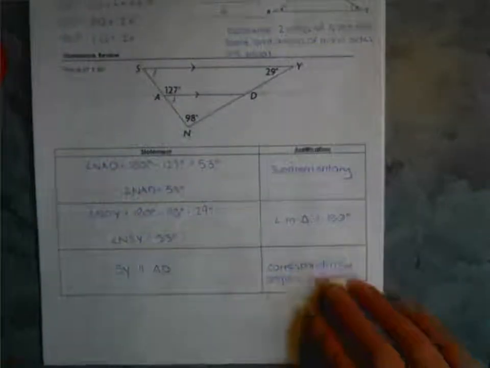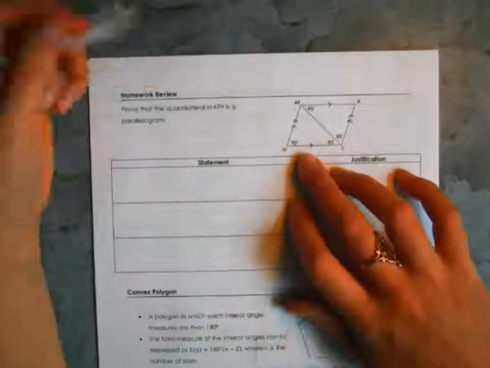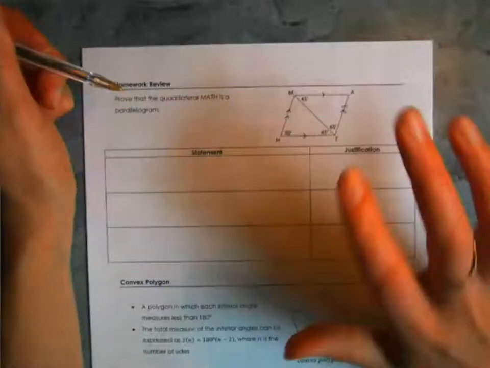Okay. All right, so let's move on to another question here. This is a little bit more homework review, looking at polygons. So in this first one, this is kind of like a combination.